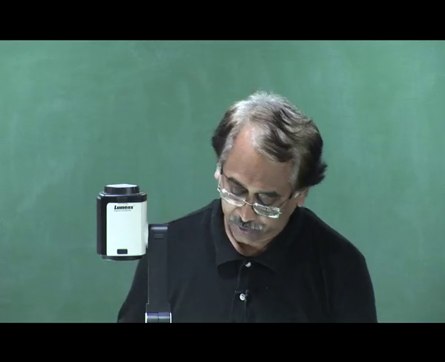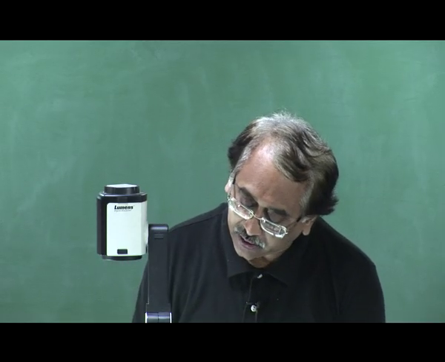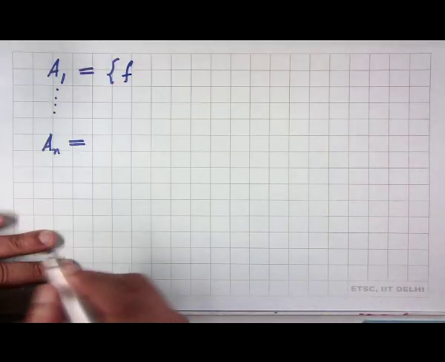The functions I want to count are functions that are onto mappings. That means they are functions that have a range equal to all of B, all of the numbers from 1 to n. So I want A1 to be some set of functions that do not include any of these functions that are onto. So this decides for me a natural choice for such functions.